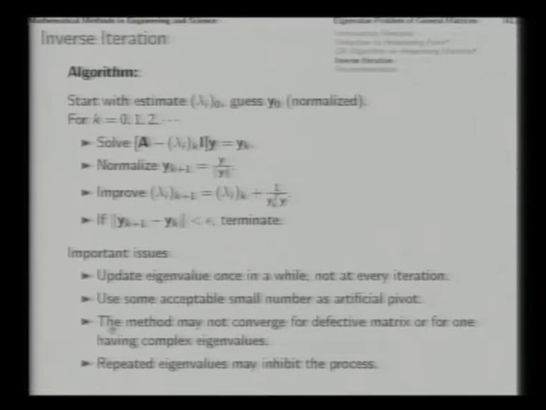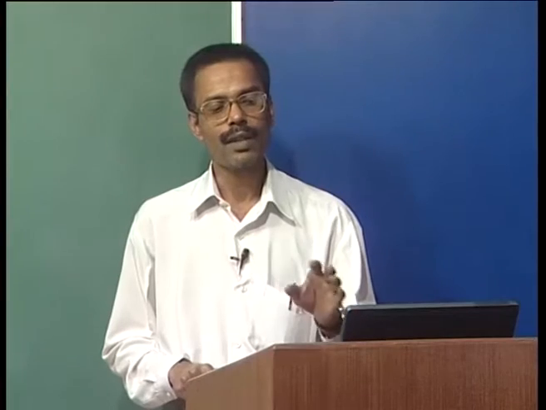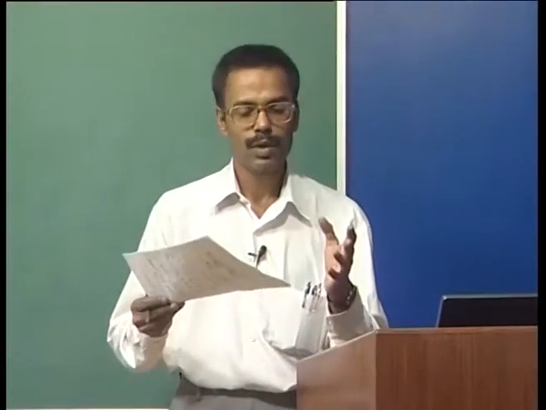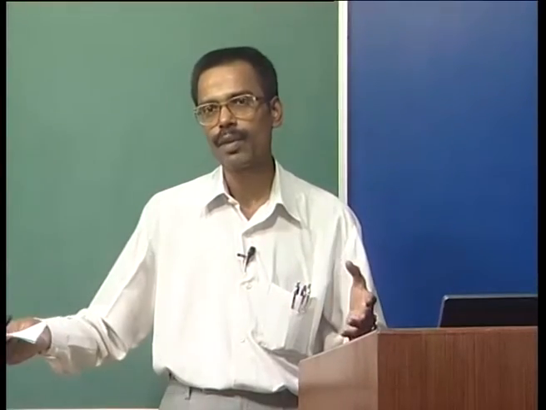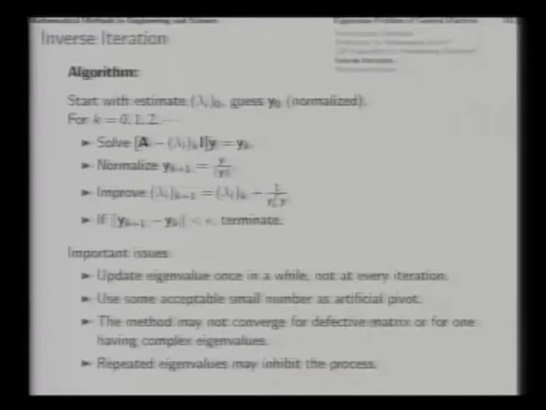The point is that in the beginning we said that this works under the assumption that the matrix has a full set of n eigenvectors. If the matrix is defective or if it has complex eigenvalues, it may not converge as easily as you would expect, because the underlying theory expects the chosen vector to be expressed as a linear combination of eigenvectors, and that may not be possible in case of a defective matrix.